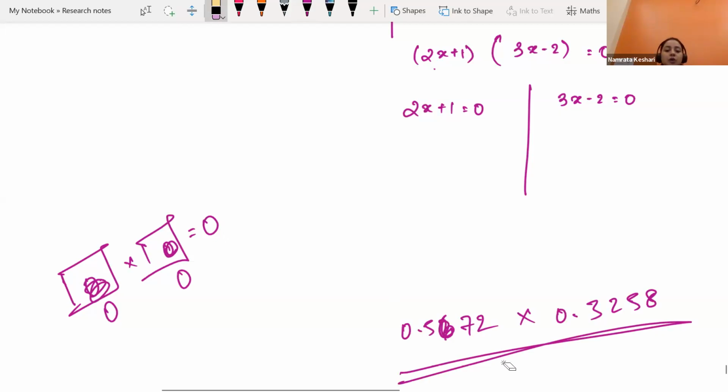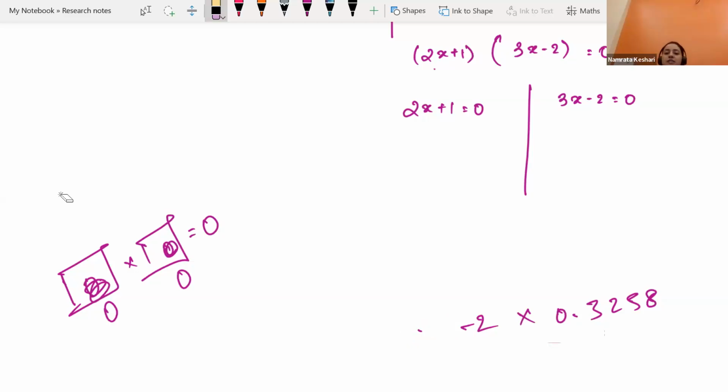These are the only possibilities. That's why, whenever we get 2x plus 1 in one bracket and 3x minus 2 in another bracket that is equals to 0, we always say that either 2x plus 1 is 0, or 3x minus 2 is 0. And from there we'll be getting the x value.